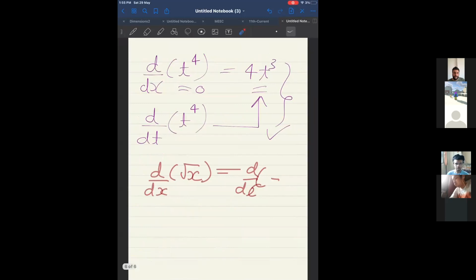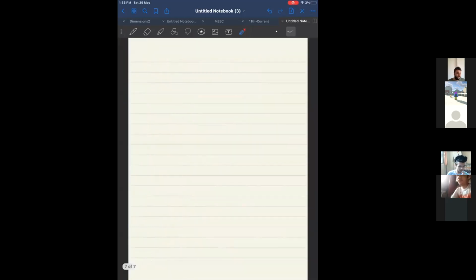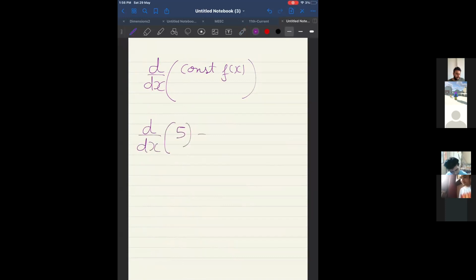Now listen to me carefully. The third type: if I have differentiation of something which is a constant with a function of x. In that case, what I need to do, listen carefully. For example, I have d by dx of phi. What is the answer? 0.